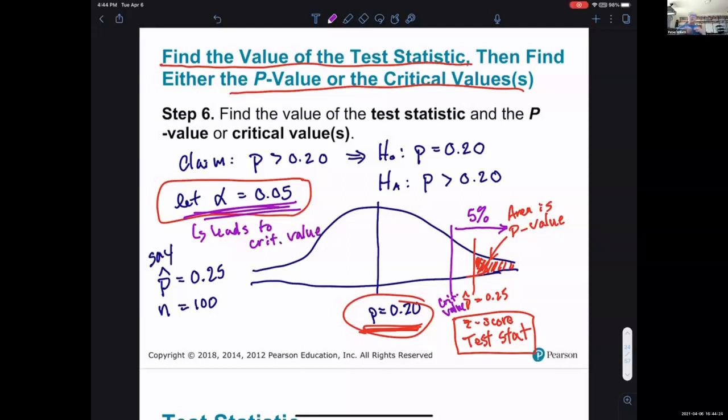How extreme, how sure, how low you want the probability of getting your results just by random chance to be, that's determined by the significance level. And again, that might vary, but the most common is 5%.